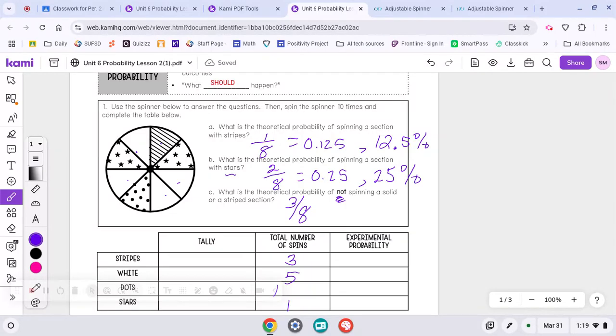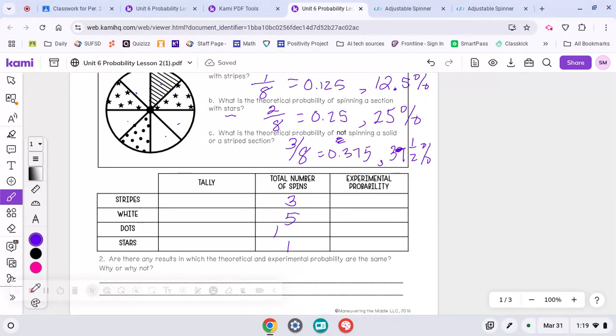And 3/8, when you grab your calculators, is 0.375, also known as 37.5%. Sorry about that messy 7. So that's what should happen when we spin the spinner.